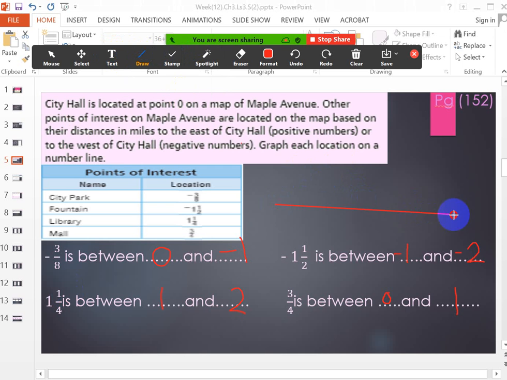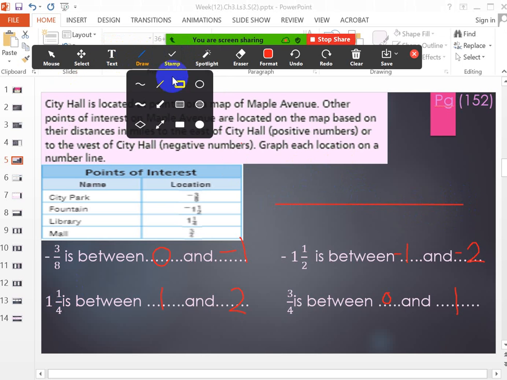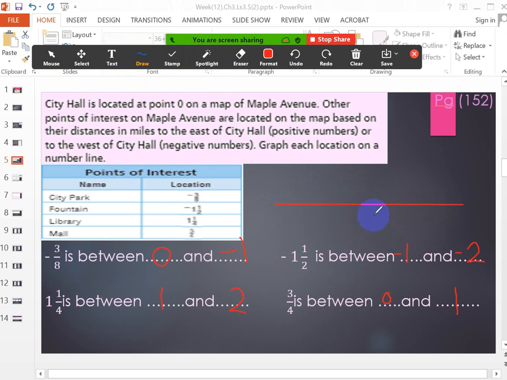If you have a number line like this, and you want to put 1 and 1 over 4, look, this is 0, and I want to know this number will be between which two integers, which two wholes here.